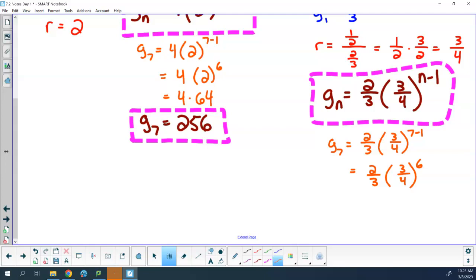How do I make 3/4 to the 6th power be a fraction? What do you got here? Bingo. Okay? Exponent rules coming back to haunt you. That's 3 to the 6th power over 4 to the 6th power.